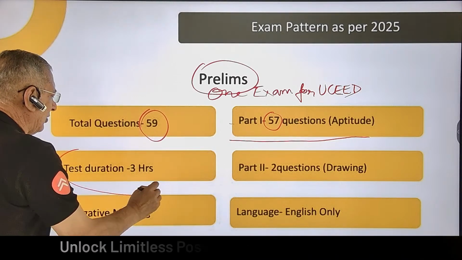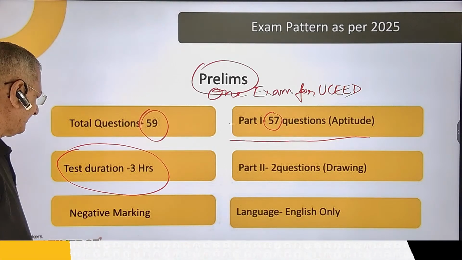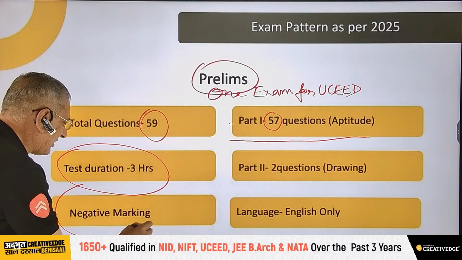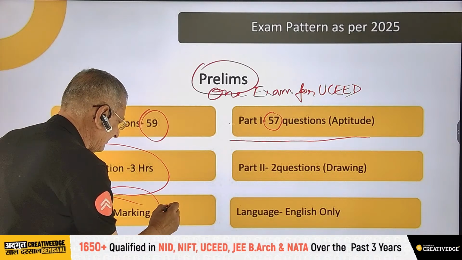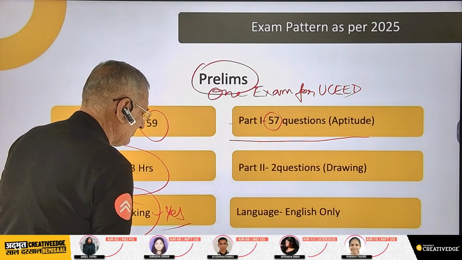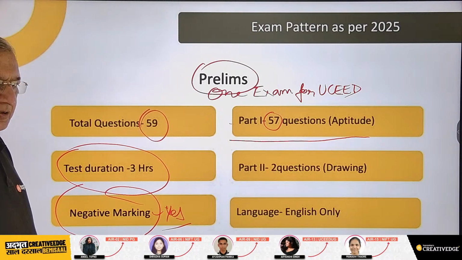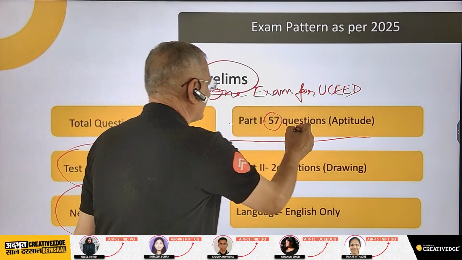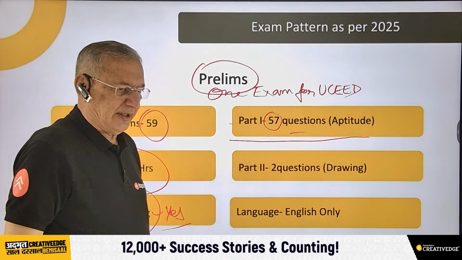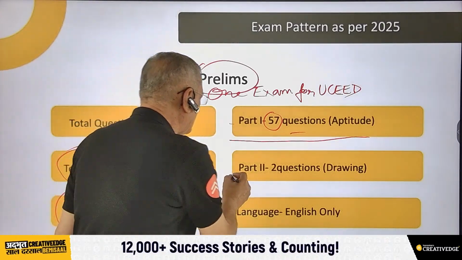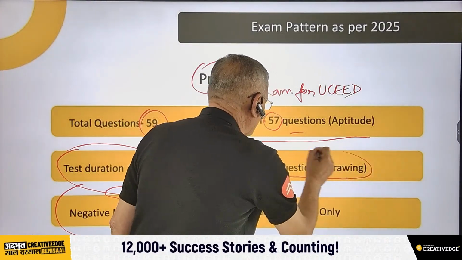Test duration overall is 3 hours. Negative marking, yes, in some of these aptitude questions there will be negative marking. Part 2 has 2 questions of drawing.